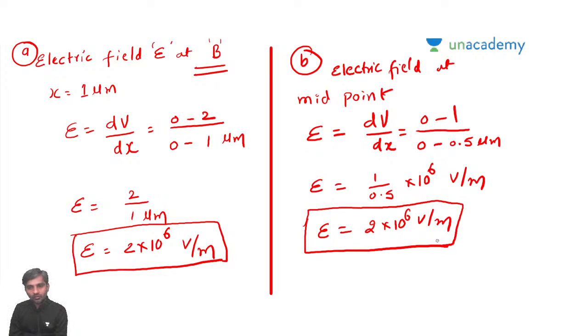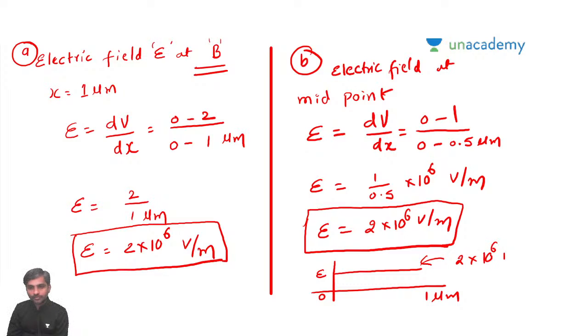So what you should remember here is that the electric field is constant, uniform across the uniform conduction bar. That is why it says uniform conduction bar. Electric field is constant throughout the conduction band. So from 0 to 1 micrometer you will also have 2 into 10 to the power of 6 volts per meter as the electric field.